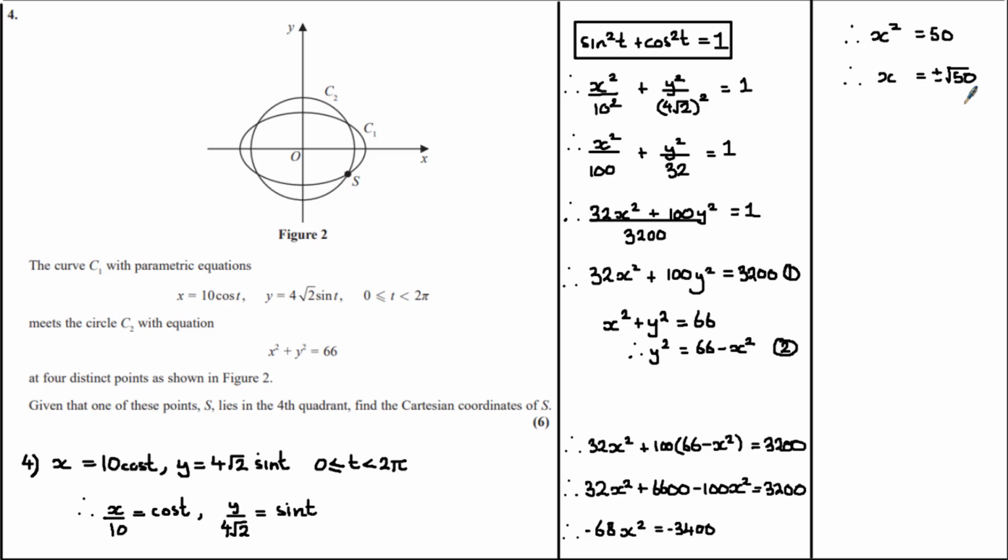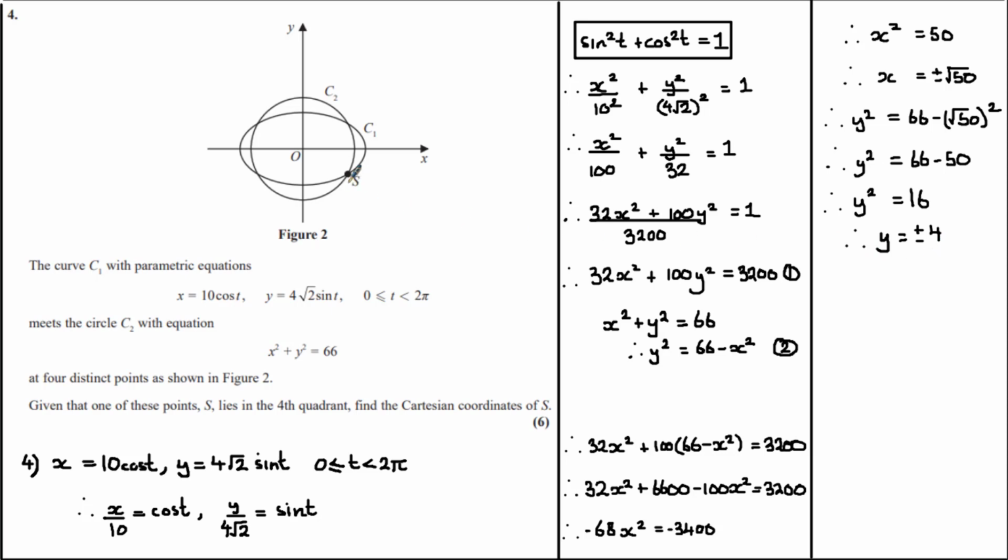Now in order to find the corresponding y value, we're going to substitute positive root 50 into this equation to get the following: that y squared is equal to 66 minus the square root of 50 all squared. And therefore y squared is equal to 66 minus 50, which gives us that y squared is equal to 16. Taking the square root of both sides, we get that y is equal to plus or minus 4.